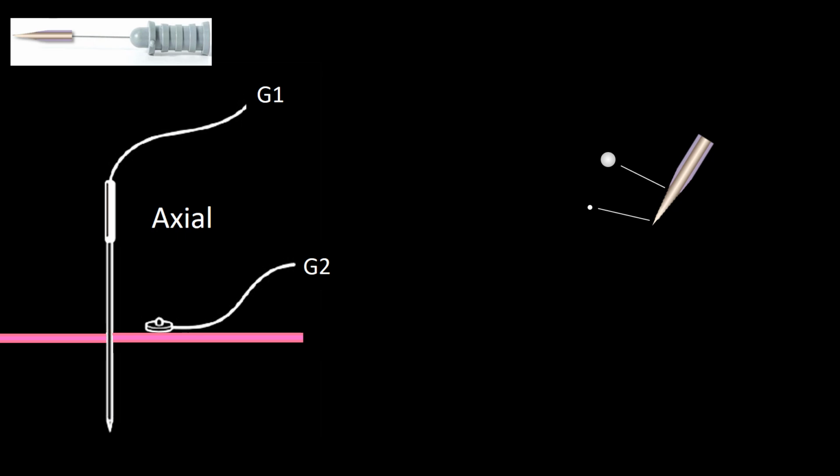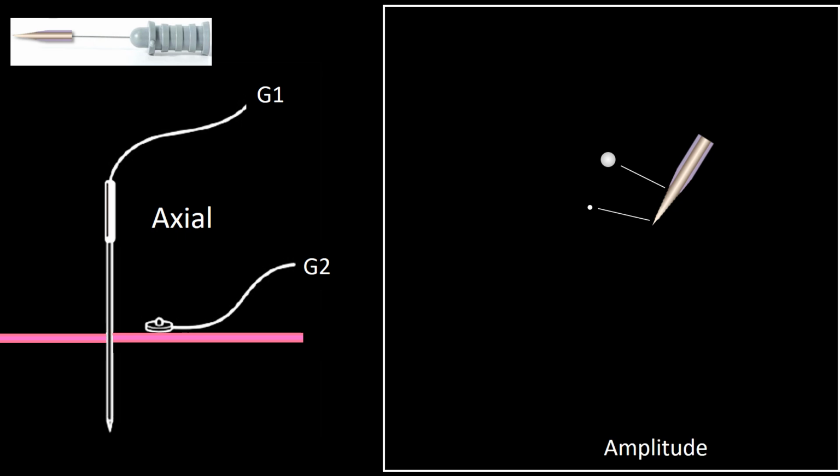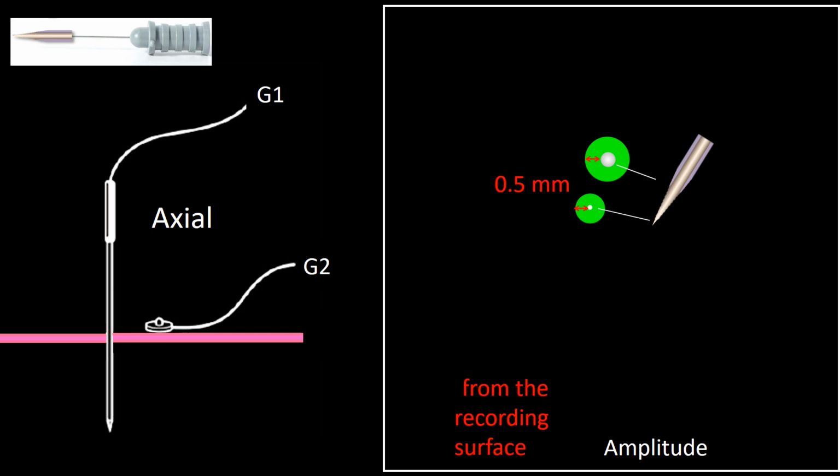As we will see in the next few minutes, the contribution of the muscle fibers to different motor unit action potential parameters is dictated by their distance from the recording surface of the electrode. Hence, the amplitude of a discharge is dictated by the muscle fibers' action potentials traveling within 0.5 millimeter distance from the surface, here expressed as green circles.